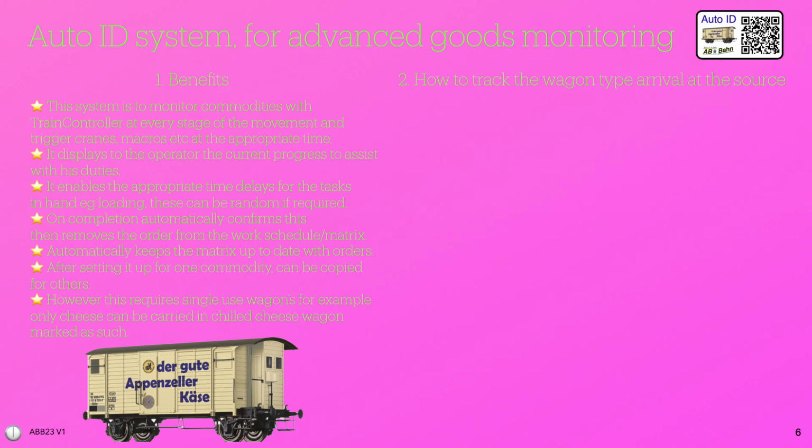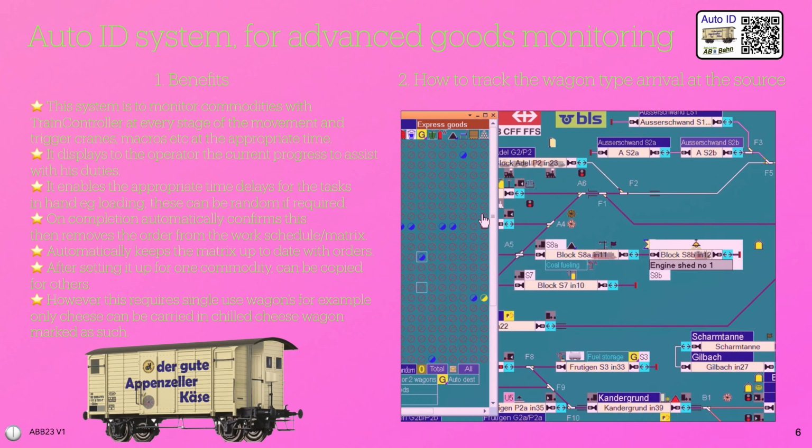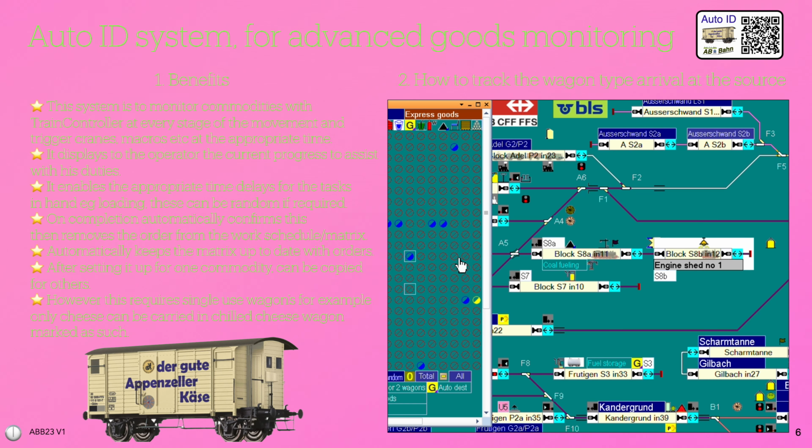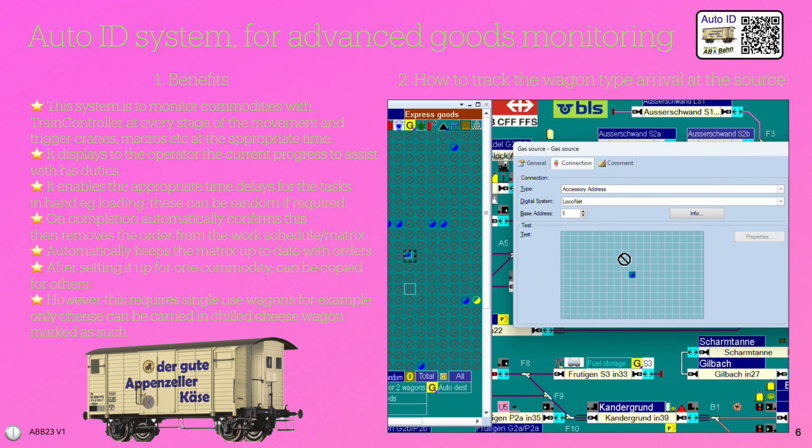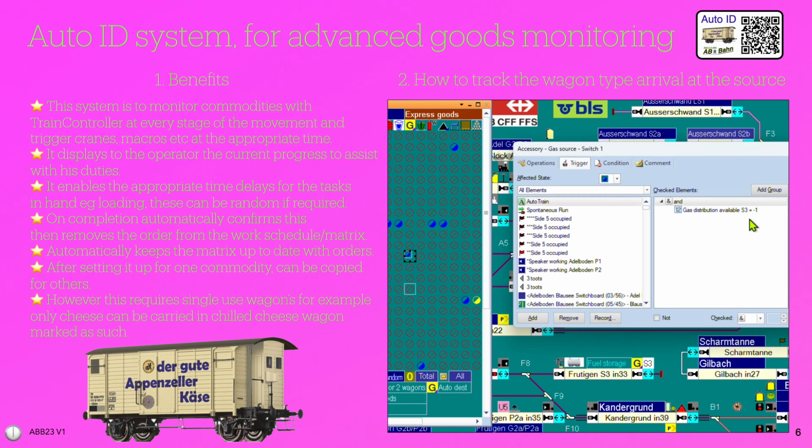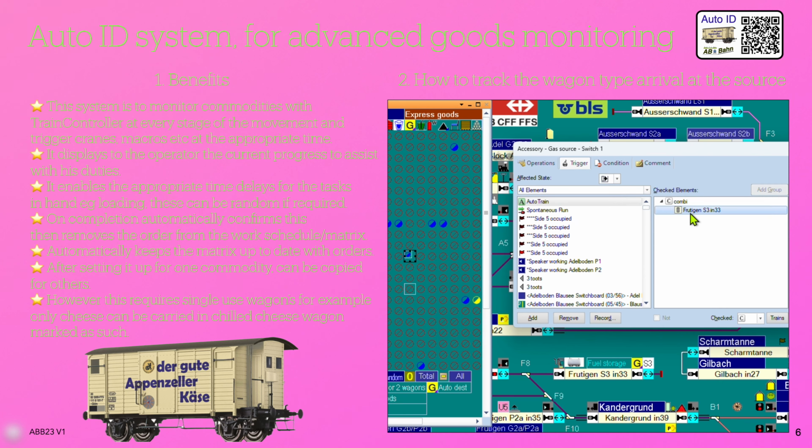Here is how TrainController monitors when the correct wagon arrives in the source block. The matrix has a source advanced accessory you can see here. If we click on it in edit mode, we can access the arrival stage 3 for the trigger.